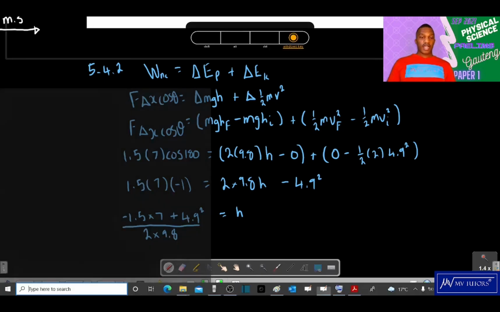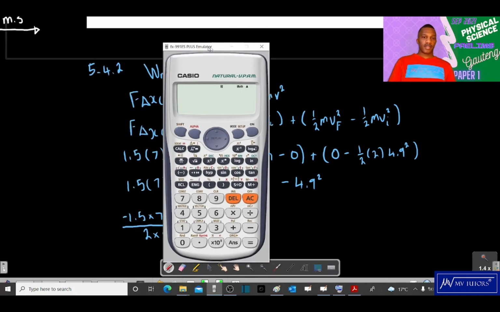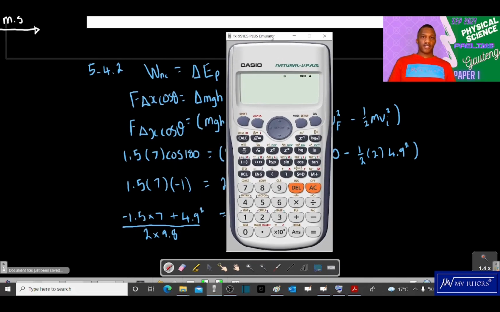So let's get our calculator. Right, so what do we have? Let's put our fraction there. It's negative 1.5 times 7 plus 4.9 squared. We come down here, we put 2 times 9.8.